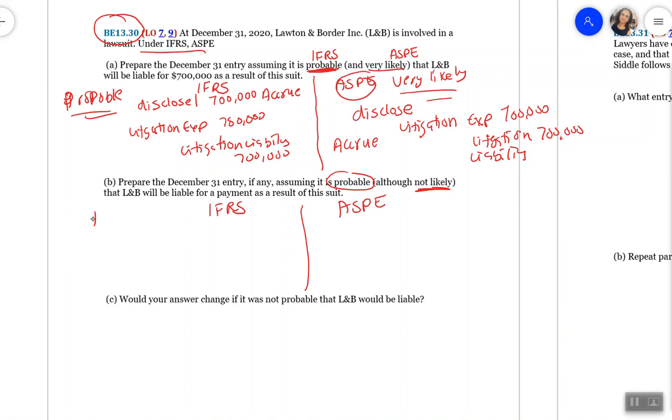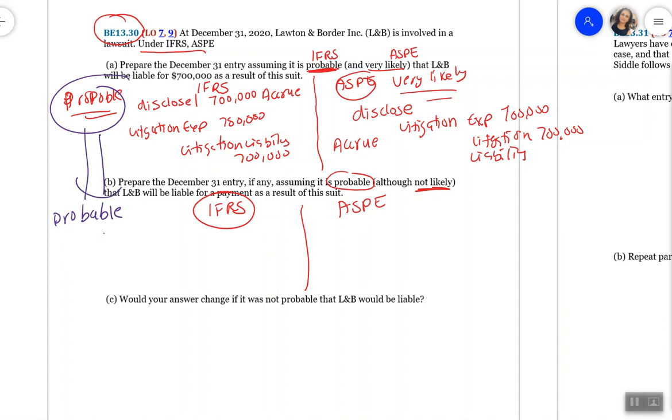So probable is what we are using under IFRS. If it's probable, exactly the same thing is happening.